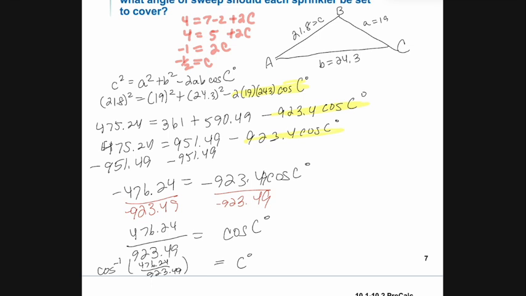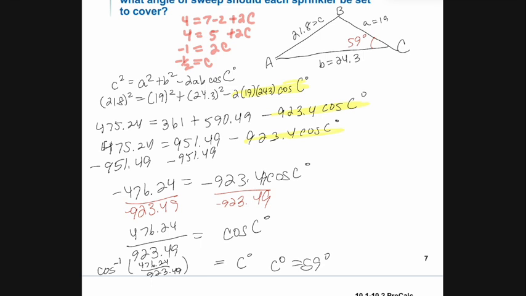You're going to hit second cosine. So that little -1 appears. Only when you're looking for an angle do you hit the second button. And then you're going to type in the fraction, 476.24 divided by 923.49. You're going to get rounded to the nearest whole degree because that's what we've done so far. That C is 59 degrees. Okay, so let's go up to our triangle and put right here 59 degrees.